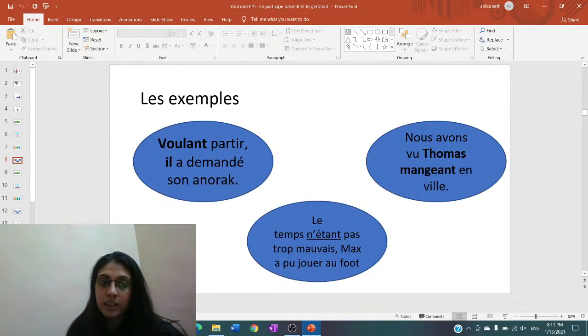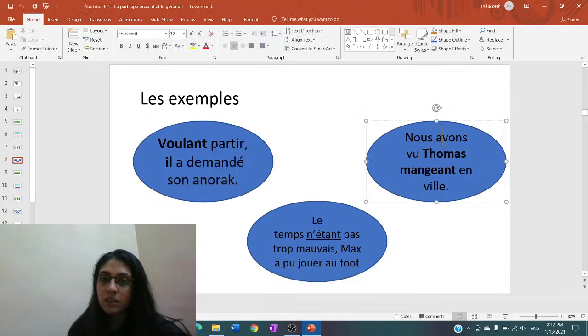Instead of the regular structure of subject pronoun plus verb, we are using the present participle: wanting to leave, he asked for his jacket. So it is just a way of putting the ideas and thoughts, rather than writing il veut partir, alors il a demandé son anorak. So we are saying voulant partir, il a demandé son anorak.